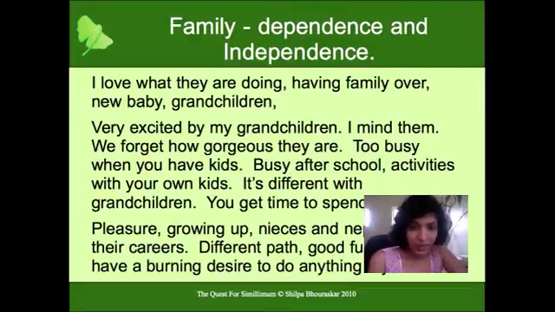So it's different. You get time to spend with them. You get to watch them grow up. You get that pleasure even with my nieces and nephews and their careers. I love just trying to understand what's happening there. It's a different path. It's good fun. And I didn't have that burning desire to do anything for myself, but I love what they do in their lives.